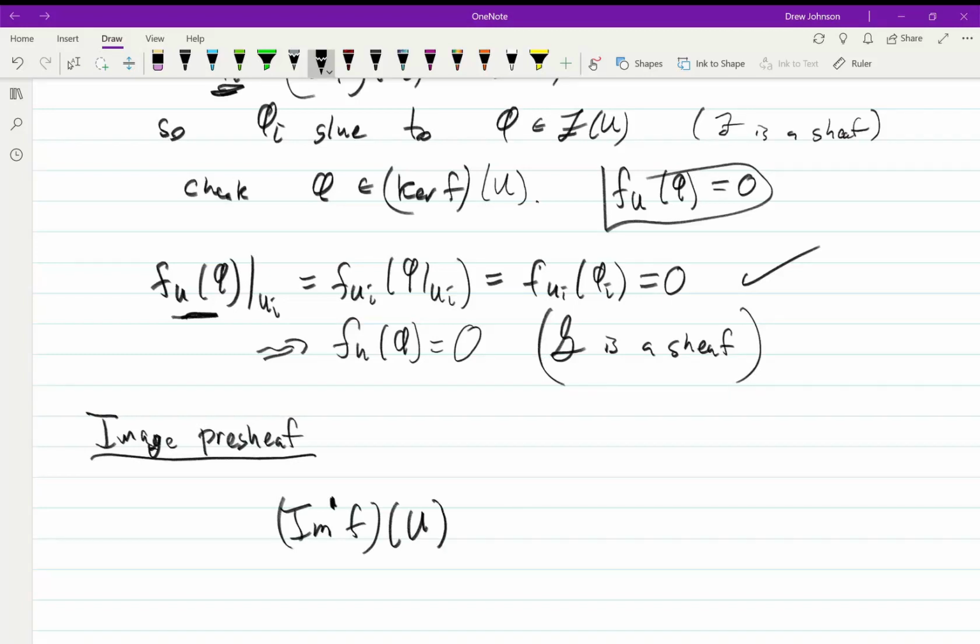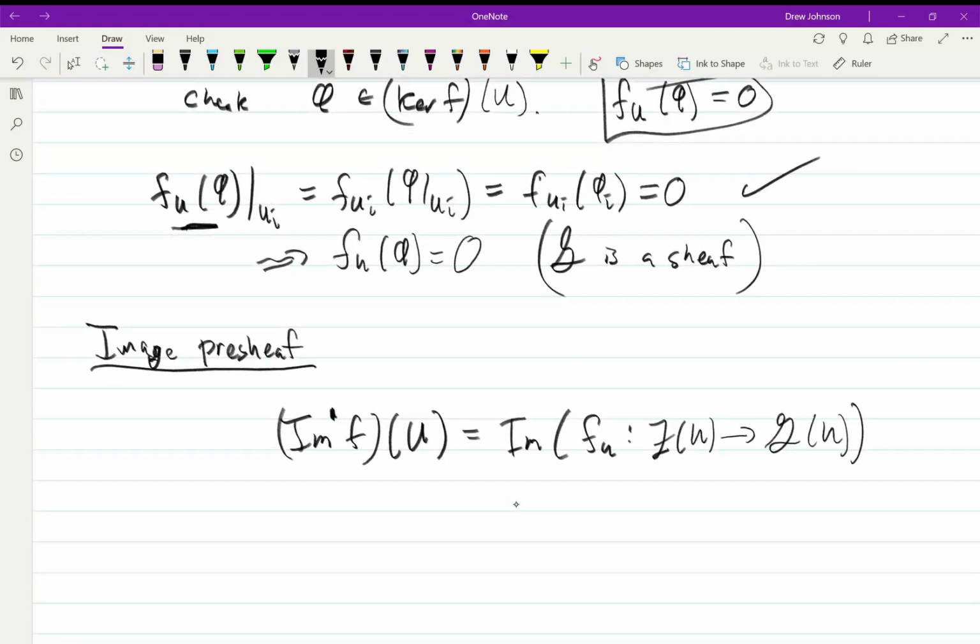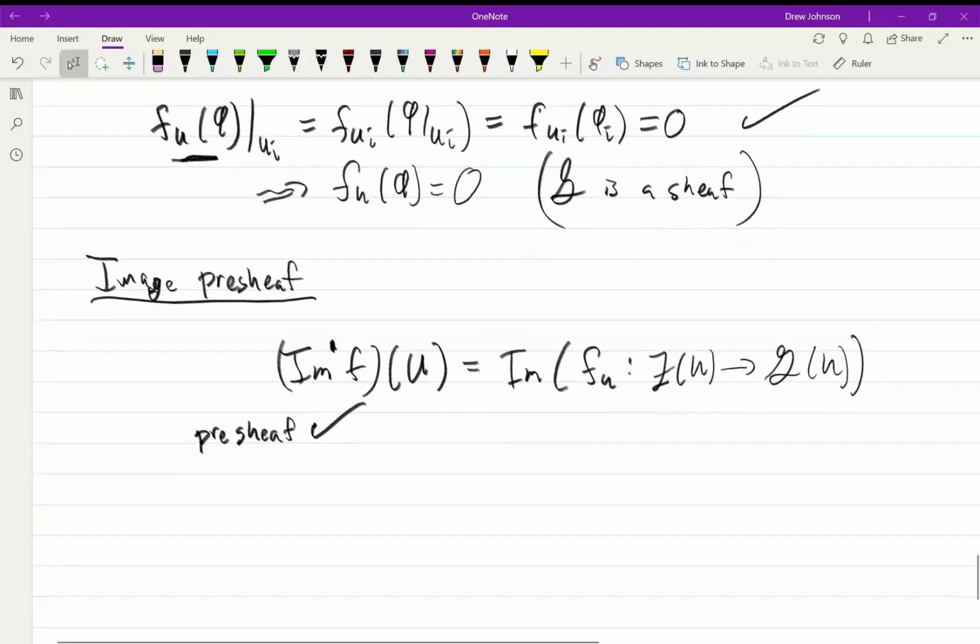So the image pre-sheaf is just what you expected. It is the image of this map here on each open set U. And it's easy to see, in basically the same way we did before with the kernels, or in an analogous way, that this forms a pre-sheaf. You can figure out what the restriction maps are. But it turns out it's not a sheaf in general.